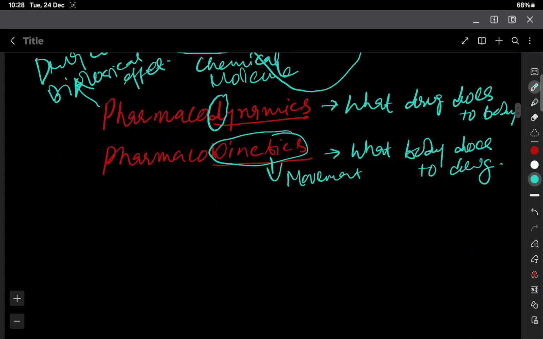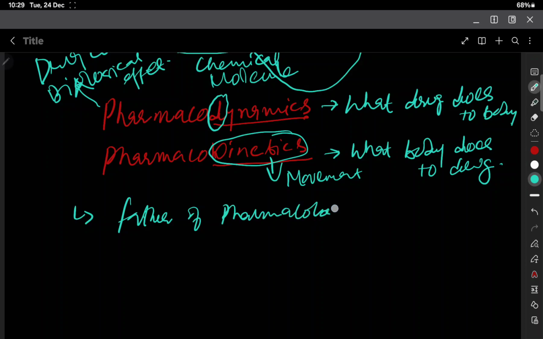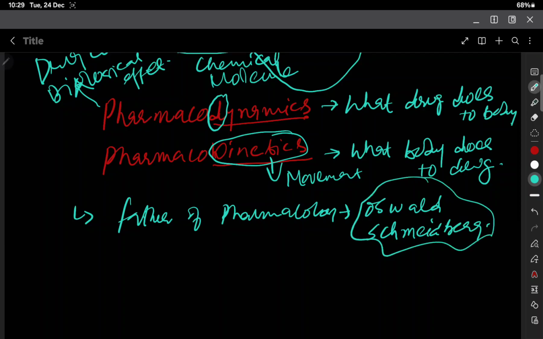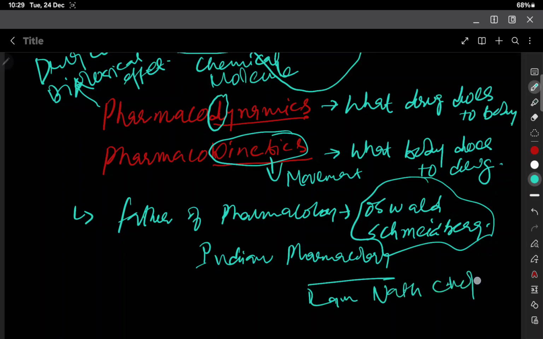Next you have to remember some important points which may be asked in competitive examinations sometimes. First is the father of pharmacology, which is Oswald Schmiedeberg. And the father of Indian pharmacology is Ram Nath Chopra.